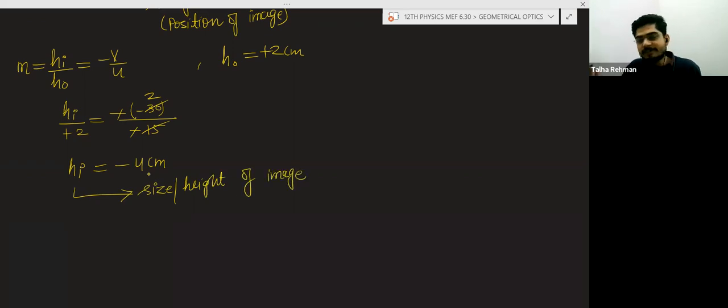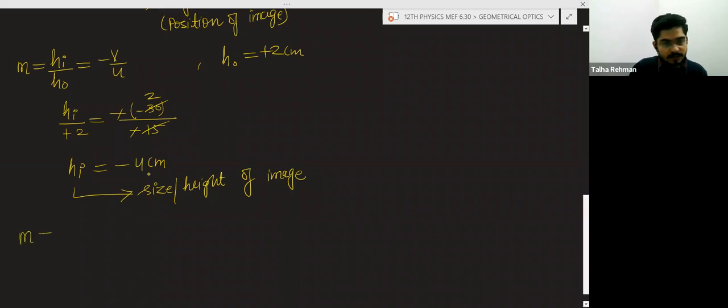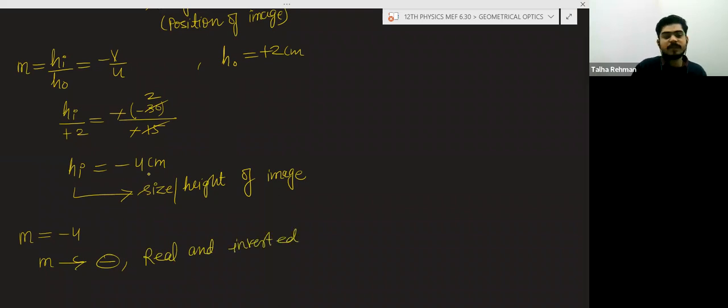If you want to find it without the diagram, nature and all the things, what you will do? The magnification is minus 4. Now this magnification is minus 4, so magnification is negative. Negative magnification means the image will be real and inverted. Clear?